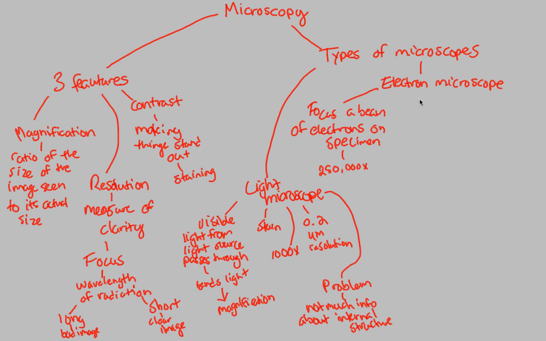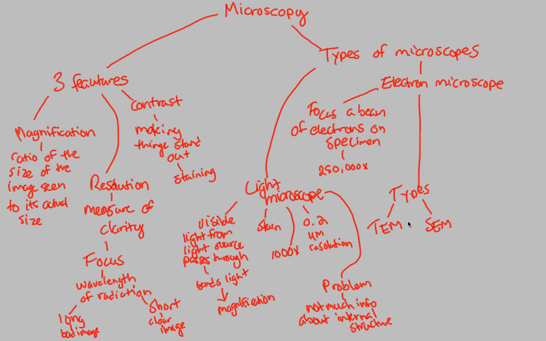There are 2 types of electron microscopes, and we'll briefly go over them right over here. The 2 types are TEM and SEM microscopes. A TEM microscope stands for transmission electron microscope, and SEM stands for scanning electron microscope.